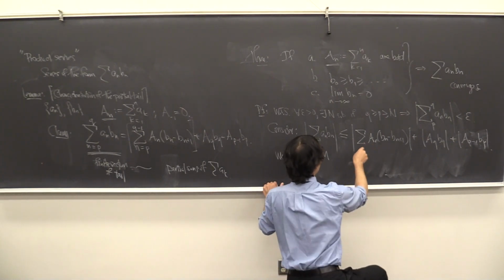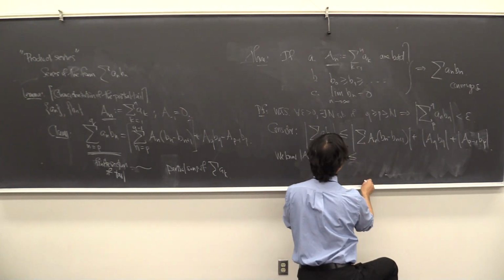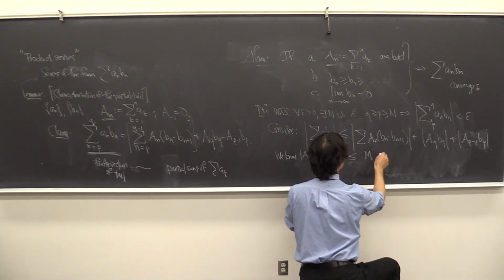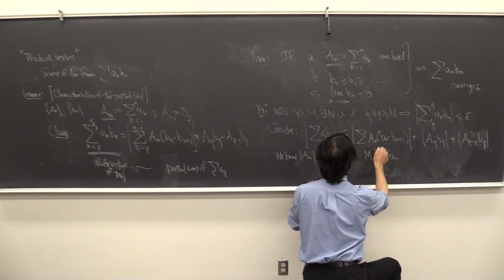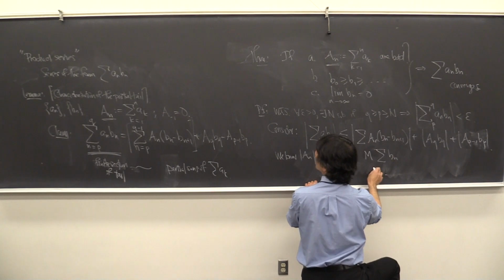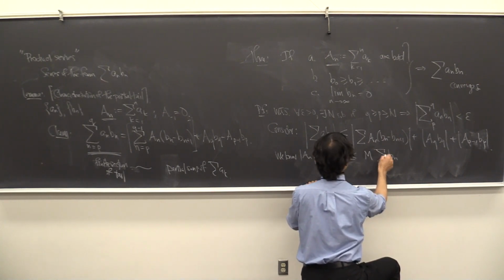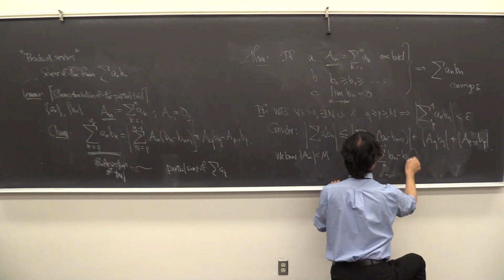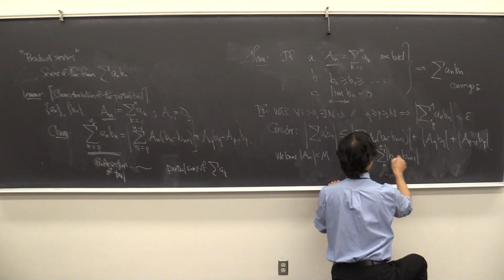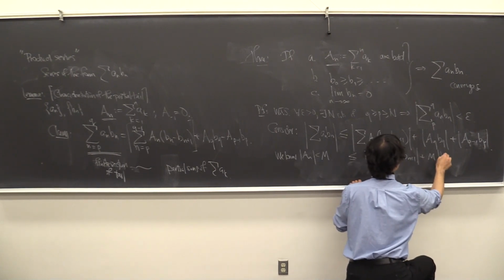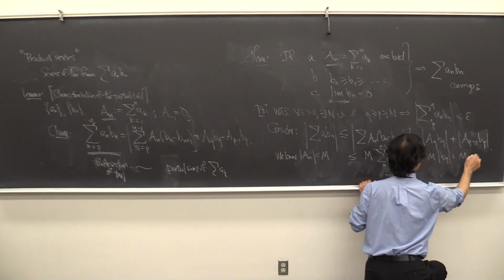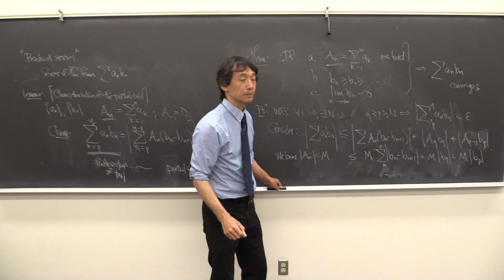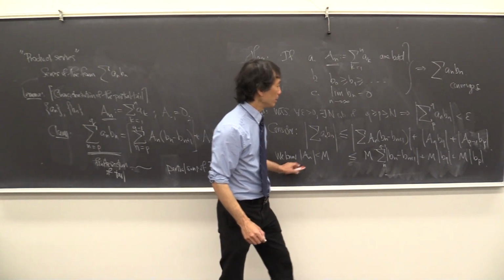So we can rewrite this as smaller than m times the summation of |b_n - b_(n+1)|, from n equals p to q minus 1, plus m b_q plus m b_p. Let me just pull the m out here.